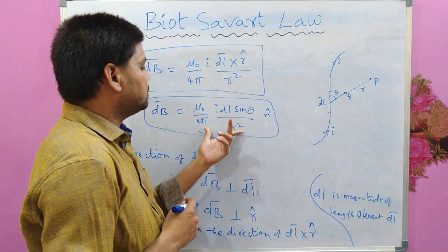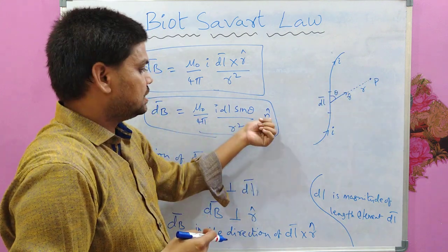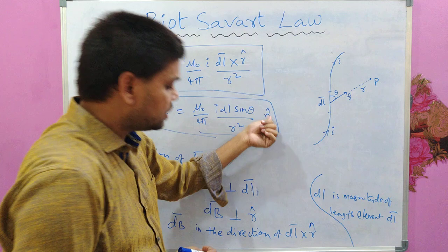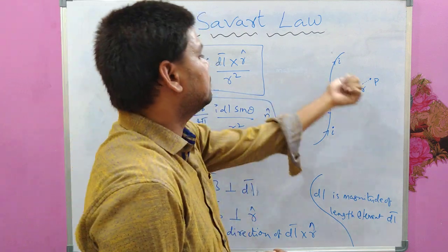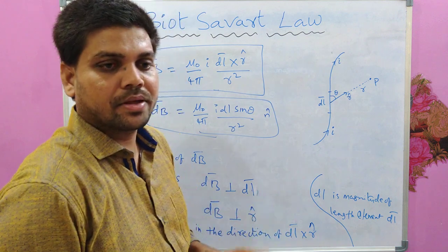So this is the magnitude of the magnetic field at this point P, and this is the direction, and that direction is perpendicular to dl as well as unit vector r cap, but in the direction of dl cross r.